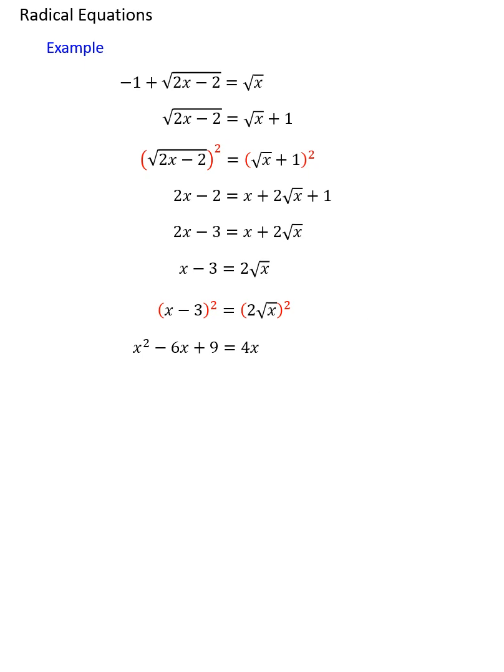So after isolating a radical, squaring both sides, isolating the new radical, and then squaring both sides again, I now have a quadratic equation without any radicals at all. And assuming you have knowledge of quadratic equations, subtract 4x from both sides, factor and solve, this shouldn't seem too difficult to finish this up.